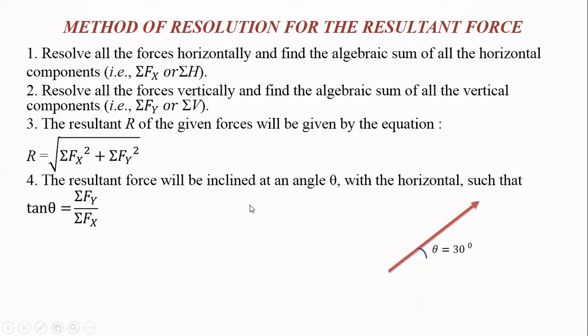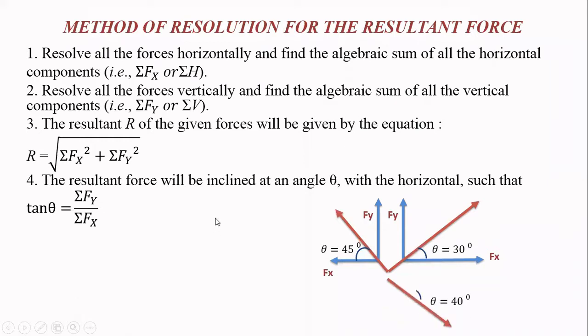Now what will happen? Let us see here. Let us say one of the forces is acting over a body. As per the very first step, we have to resolve this force along the x and y directions. Similarly, for the second force, again resolve this force in the vertical and horizontal directions, Fy and Fx. Now let us say another force is acting, and we also have to resolve it in the horizontal and vertical directions.